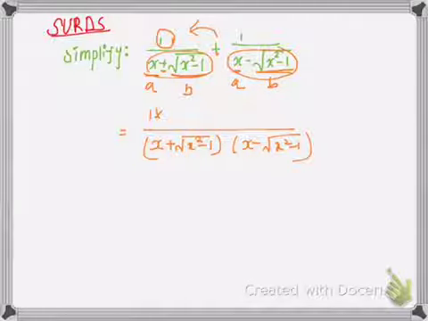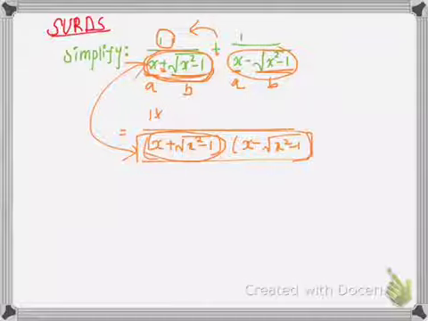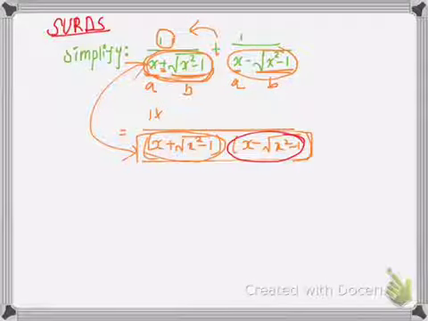So 1 times, and I'm going to multiply 1 with the term which is missing in this denominator compared to this denominator. We can see that we have x plus root under x squared minus 1 present over here also, but the term that is missing is x minus root x squared minus 1. So this is our missing term, and we are going to multiply 1 with the missing term, which is not present in this denominator.